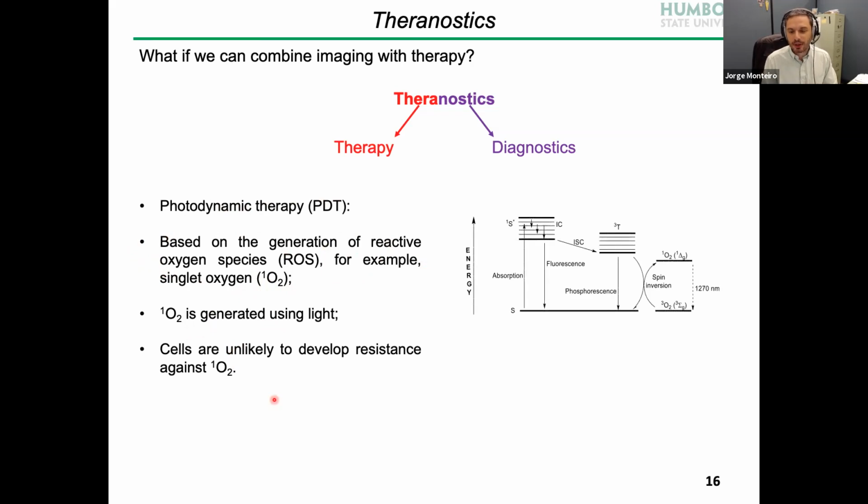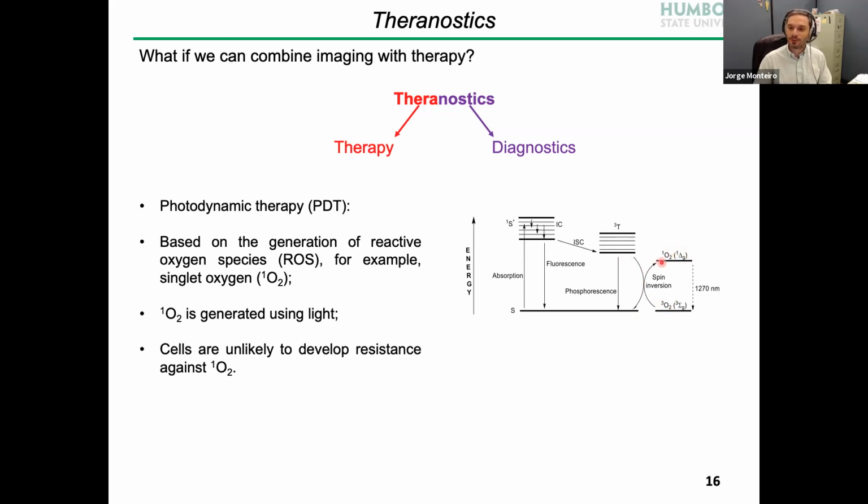And how is that generated? Again, we have excitation of the chromophore, then intersystem crossing to populate a long-lived triplet state. Now we have the same multiplicity for the excited state and the ground state of oxygen, so we can do a cross relaxation here and generate the singlet oxygen.